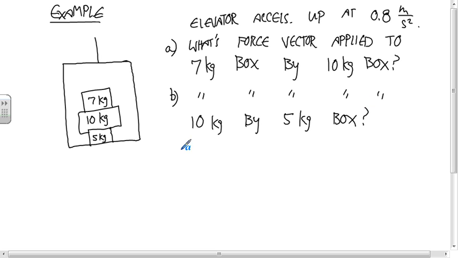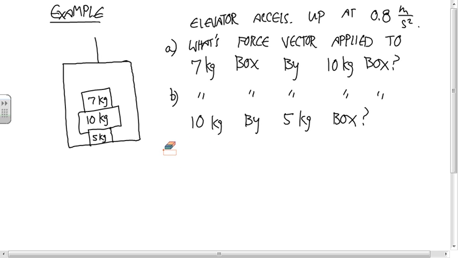And actually, let's do one more too. Let's calculate the force vector applied to the 10 kilogram box. Can we do this? Nope, we can't do this yet.